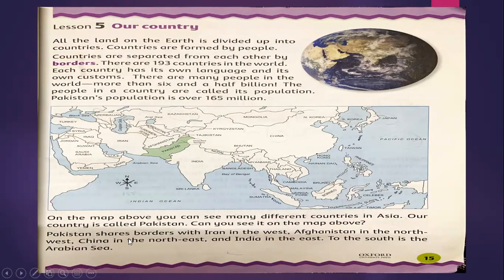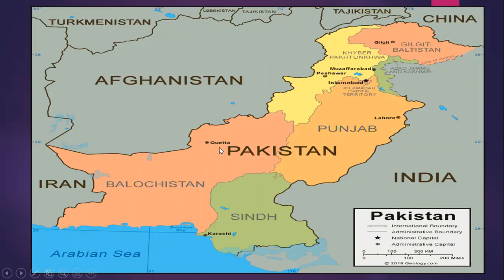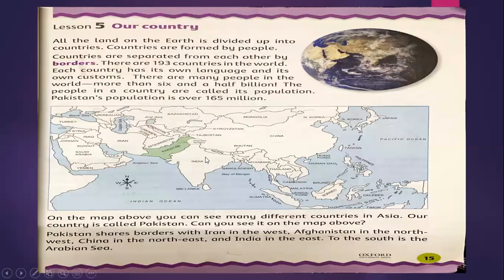China in the northeast. North means upper part. China is in the north and at the east, that side, not here, not in the west. It's there, northeast. Then India in the east.